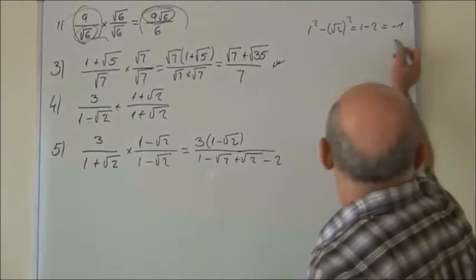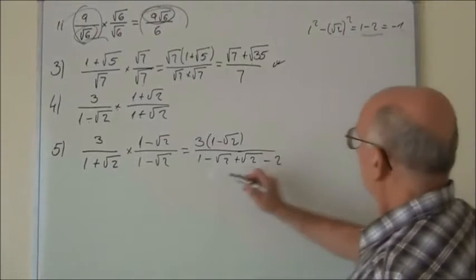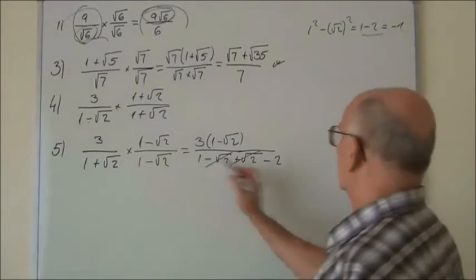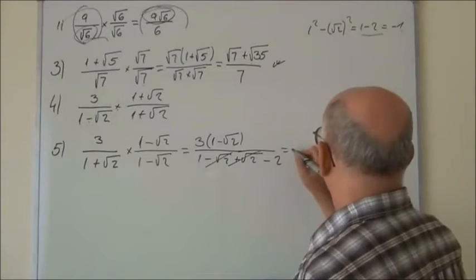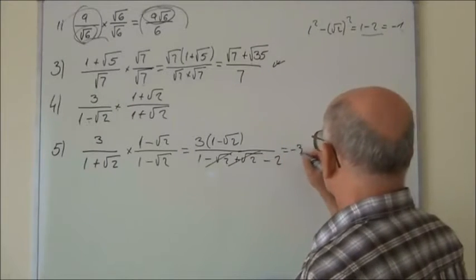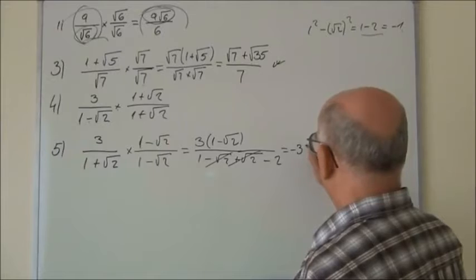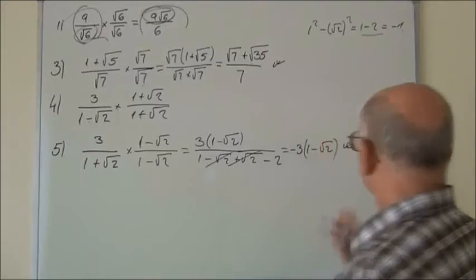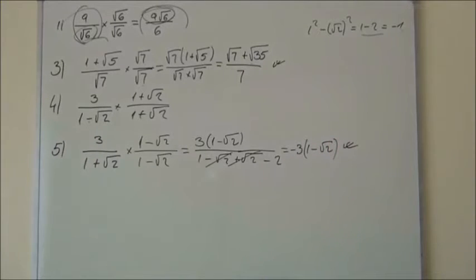After cancelling those two, we have 1 minus 2, which is minus 1, and we said that we can write that minus in front, and here 1 minus root 2 is going to be our answer.